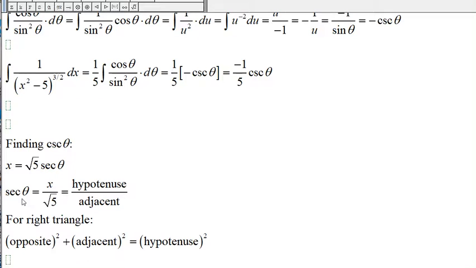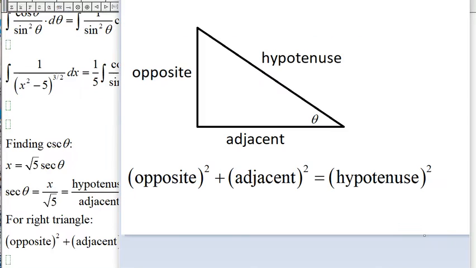We have secant of theta is x over the square root of 5. Secant of theta, by definition, is hypotenuse over the adjacent side. This is theta, this is the opposite side, this is the adjacent side, this is the hypotenuse.